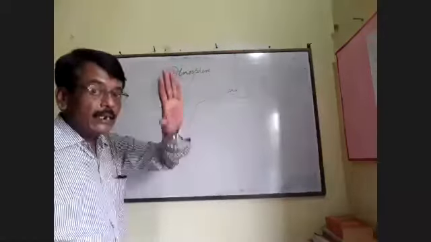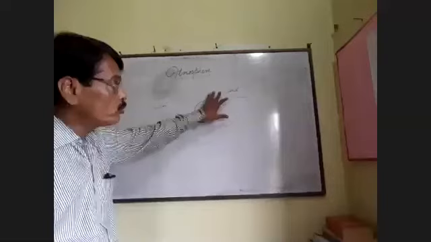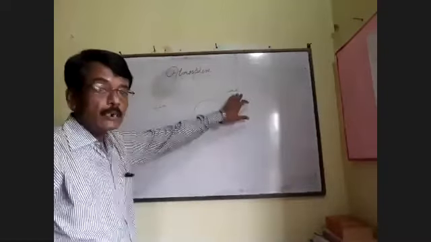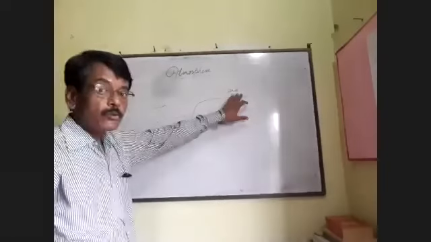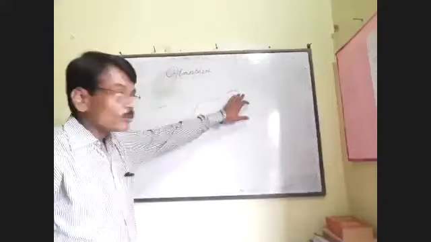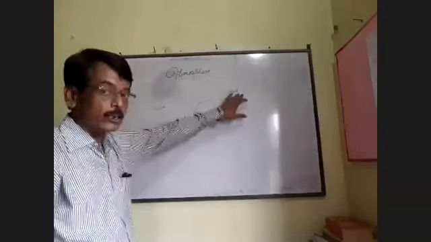So in the daytime, the air which is present over the surface of earth, that is over the land masses, becomes hot very quickly. So the air which is present here becomes low pressure area.